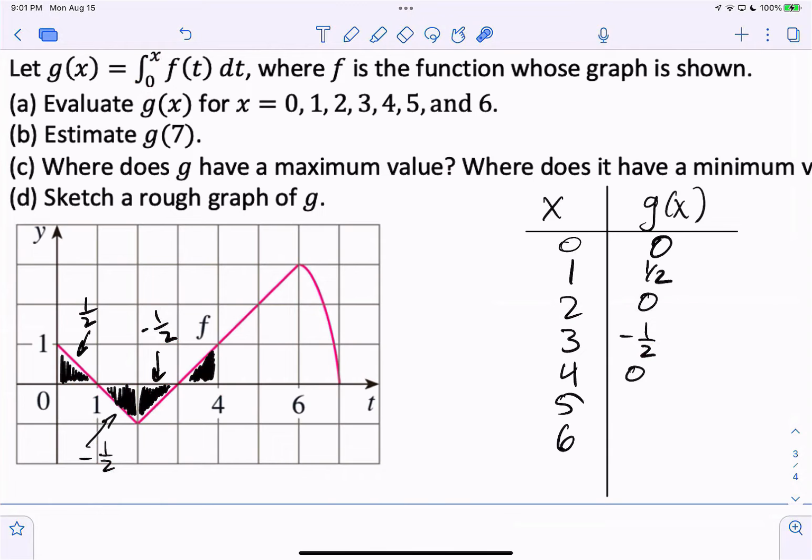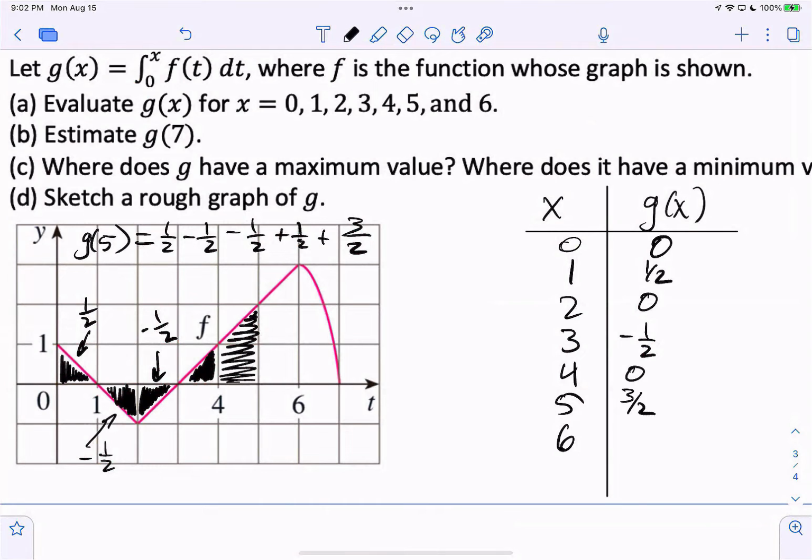The integral from 0 to 5 of f of t dt is now going to throw in this 1.5 area, 1.5 squares. We have a square here and half a square here. So g of 5 is 1/2 minus 1/2 minus 1/2 plus 1/2 plus 1.5, and all of the earlier part added up to 0, so the answer for g of 5 is 3/2.